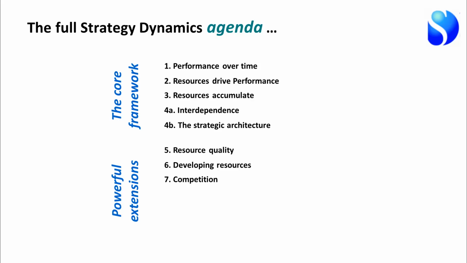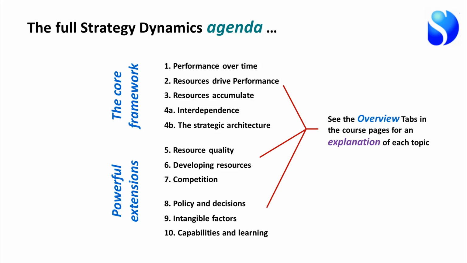They can either be added to a full strategic analysis, or some of these are extremely useful just on their own. And the later classes deal with some slightly more complex and tricky issues. And you'll find information on what exactly we mean by the topics under each of these classes if you have a look at the overview tabs in the course pages for each class.